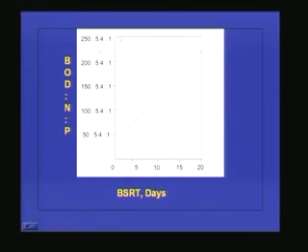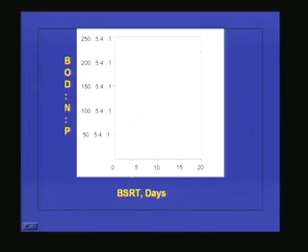So, that is what this graph shows, how the nitrogen, phosphorus and BOD ratio changes with respect to biological sludge retention time. As the biological sludge retention time increases, we can see here, BOD to nitrogen to phosphorus ratio also increases.